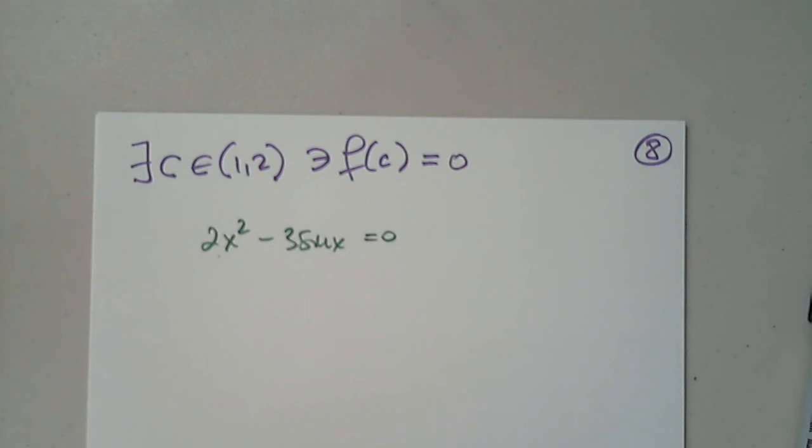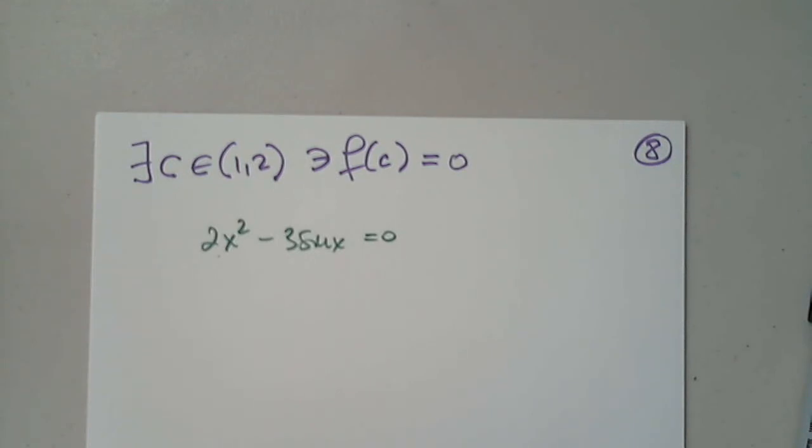We have to find an interval where, yes, you're right, of course I have to show that the function is continuous, but I have to find an interval where the function changes sign. Agreed? Yes?